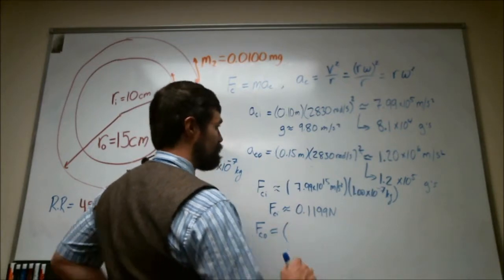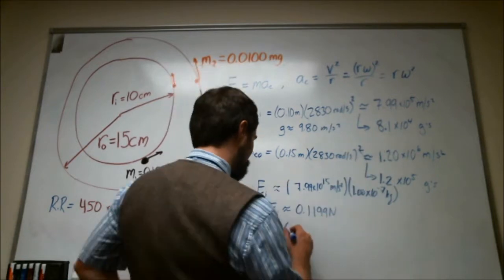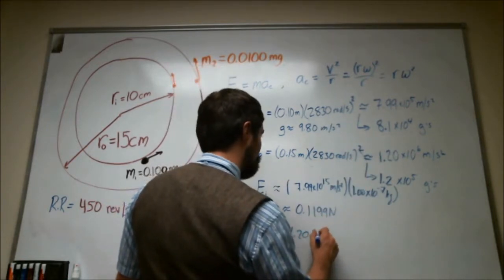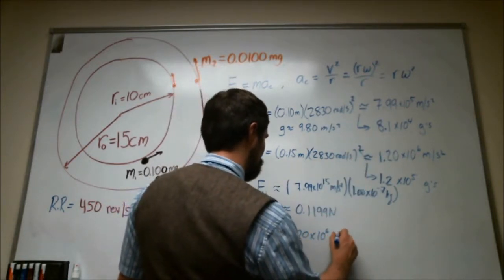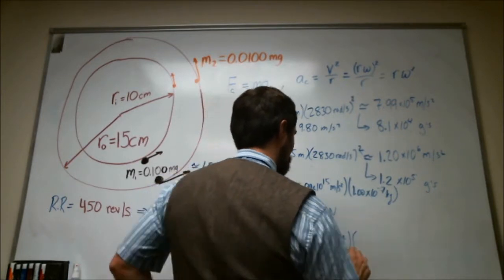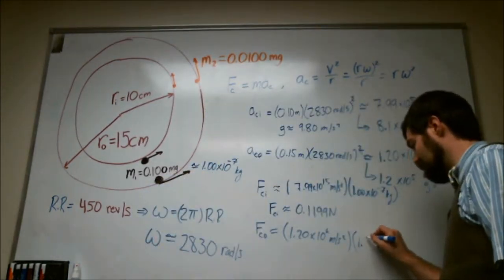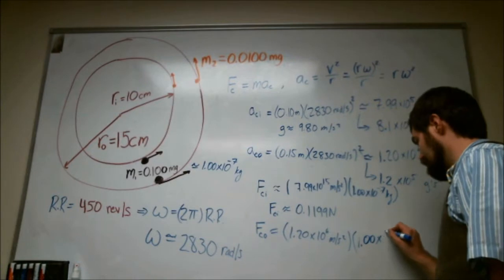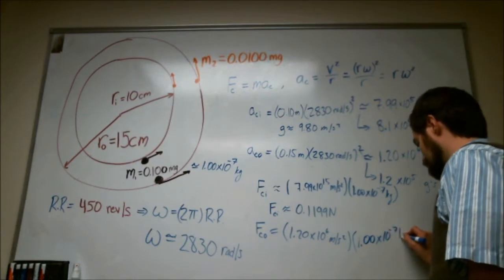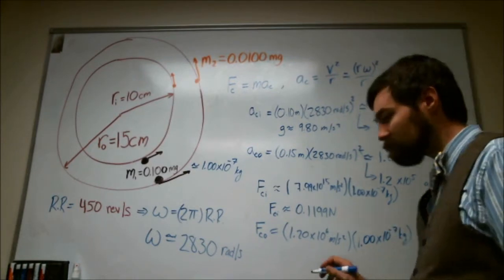And for the outer edge, we use the acceleration at the outer edge, 1.20 times 10 to the 6th meters per second squared. And again, same mass, 1.0 times 10 to the minus 7 kilograms.